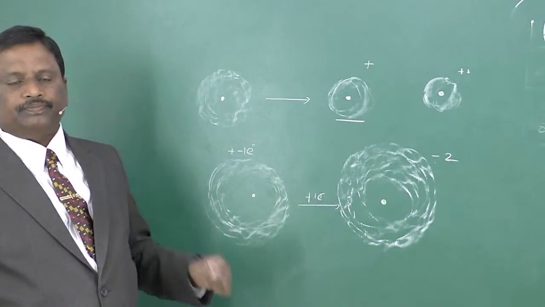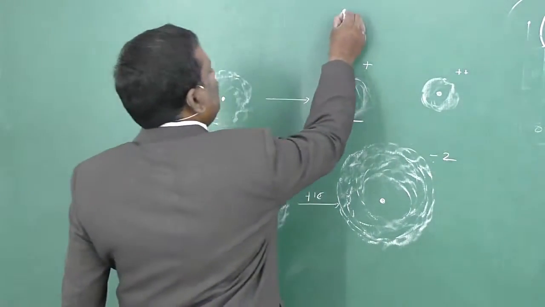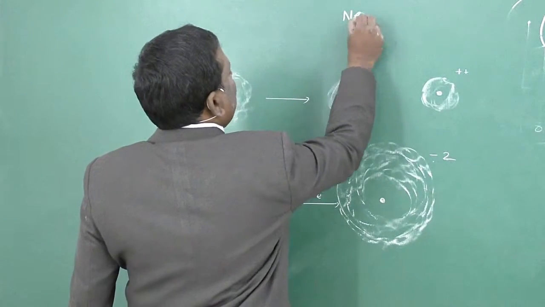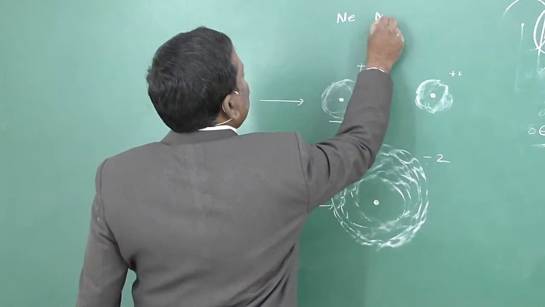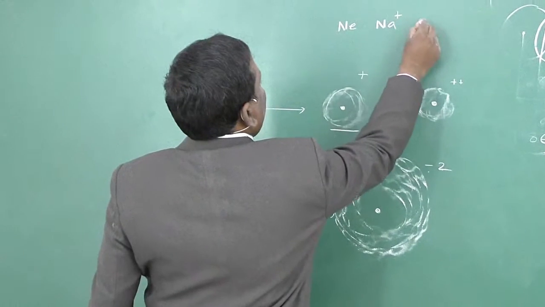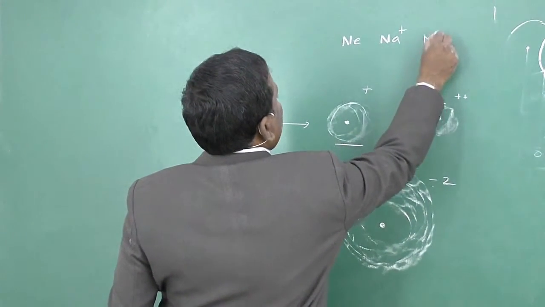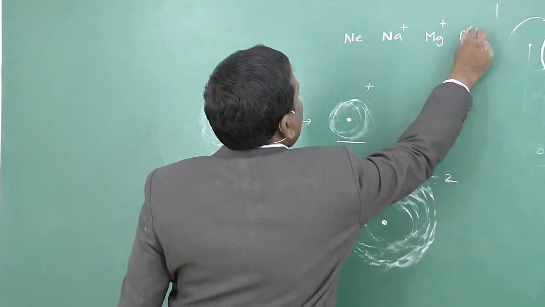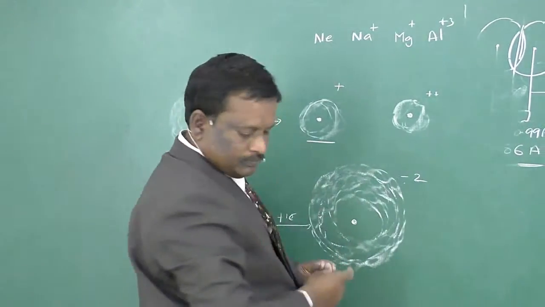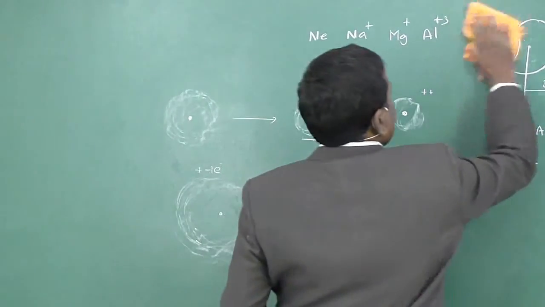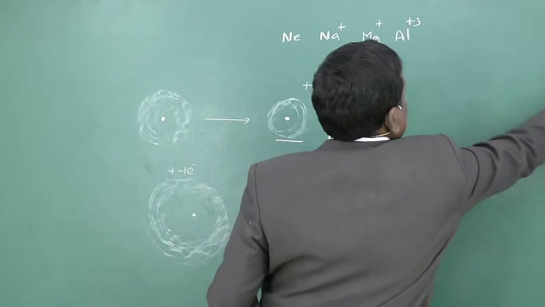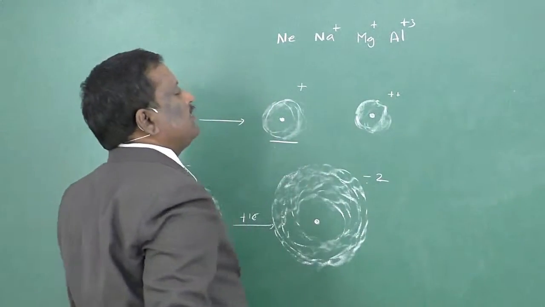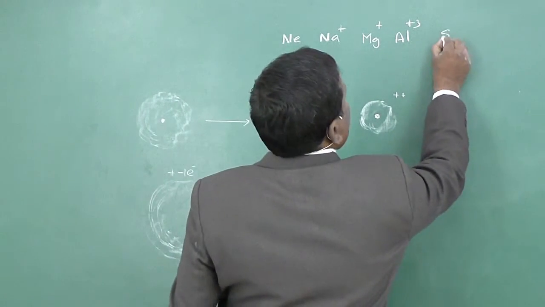For example, neon is a neutral atom which has 10 electrons. Sodium ion also has 10 electrons. Magnesium ion also has 10 electrons. Aluminum ion also has 10 electrons. And silicon, Si plus 4, also has 10 electrons.